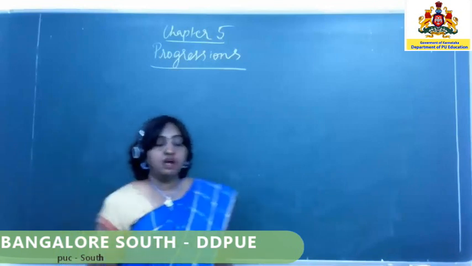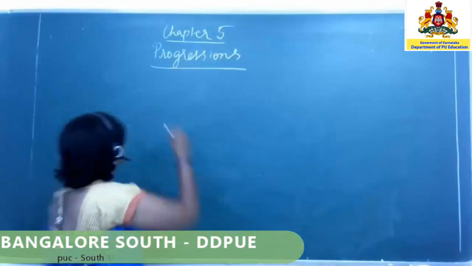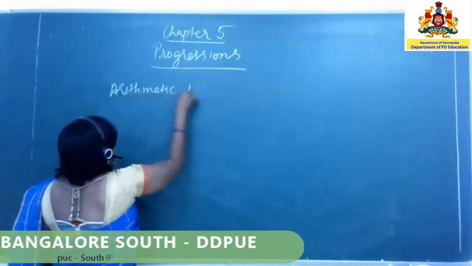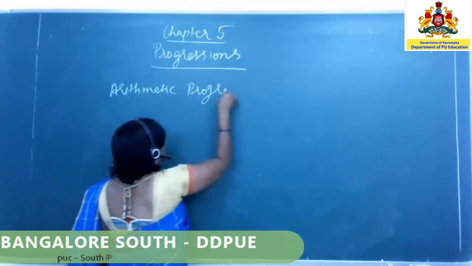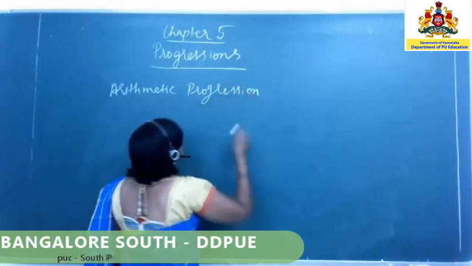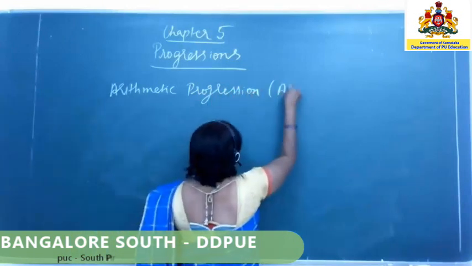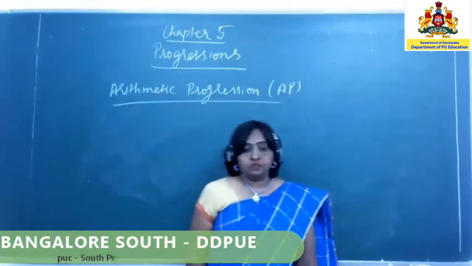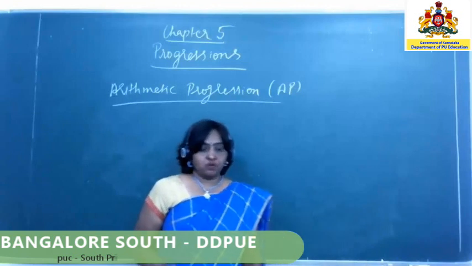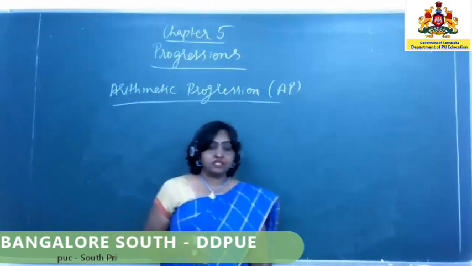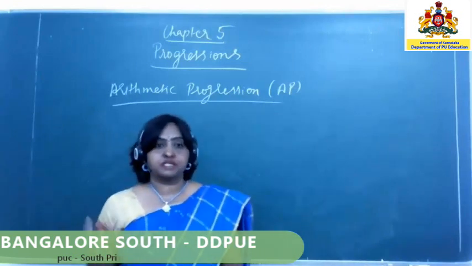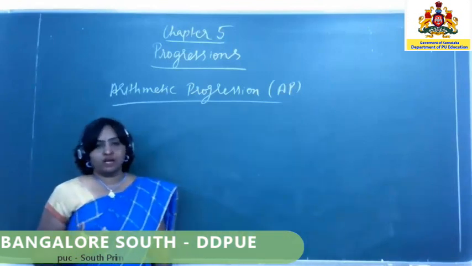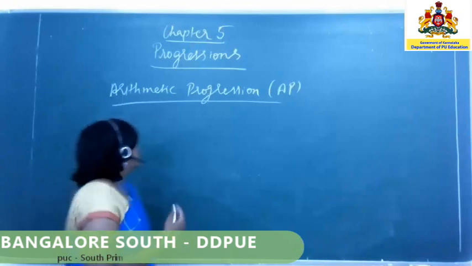Next comes arithmetic progression, in short AP. Arithmetic progression is a sequence in which the difference between a term and its preceding term is always constant, and this constant is known as the common difference.